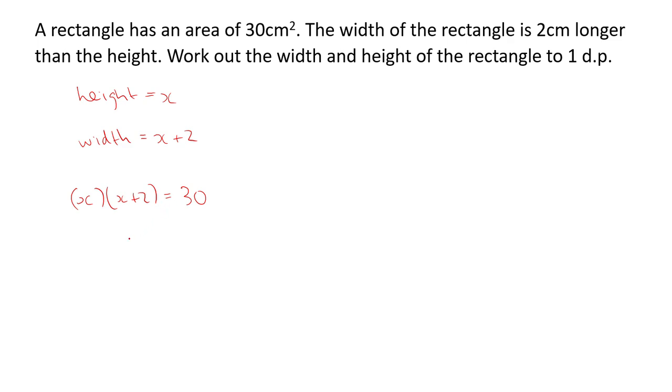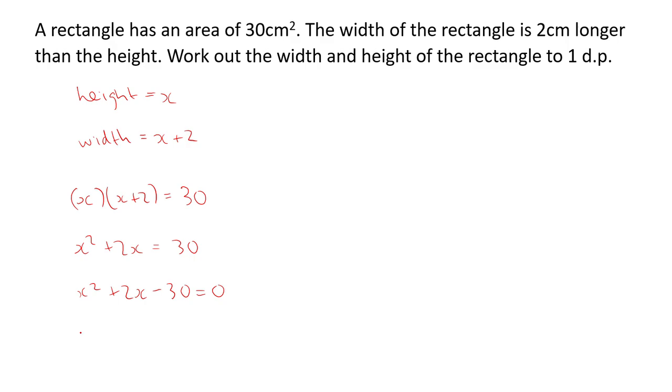So I'll first expand these brackets, which will give me x squared plus 2x equals 30, and now the final step is just to subtract 30 from both sides. So that side now equals 0.